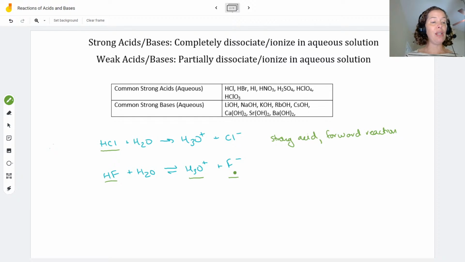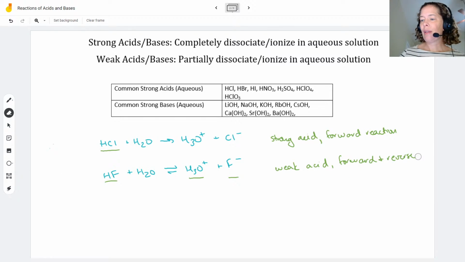And the same is true for the bases. This is a weak acid, and we'll say forward and reverse reactions. So we're getting both the forward and the reverse reactions.